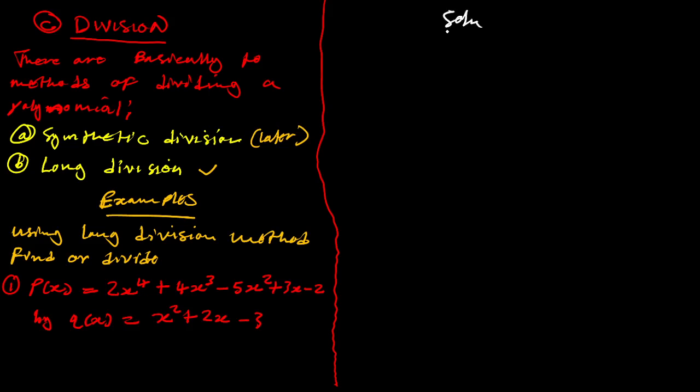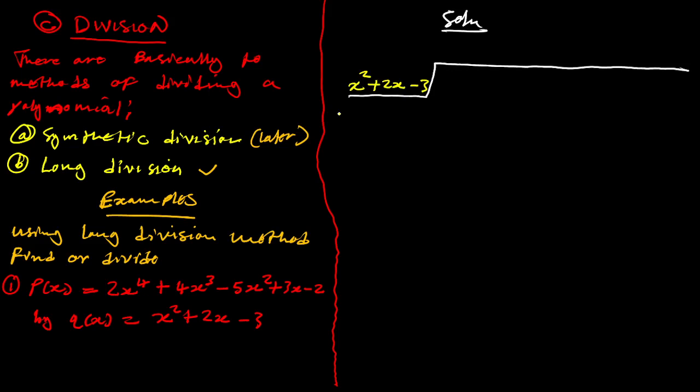Since we are looking at the long division method, I will draw the usual long division thing, which we all know from secondary school. So this q of x will simply be written there, which will be x squared plus 2x, then minus 3.